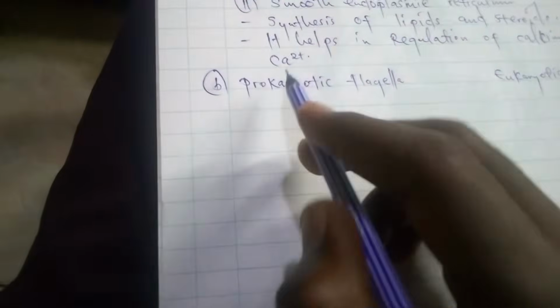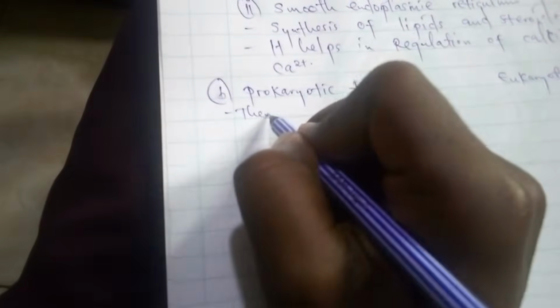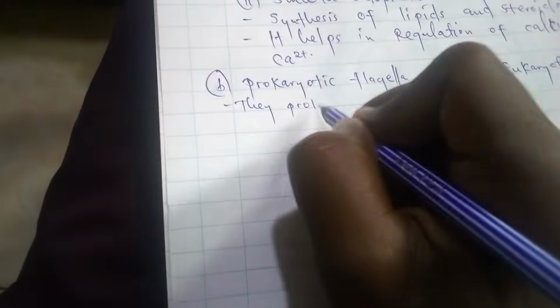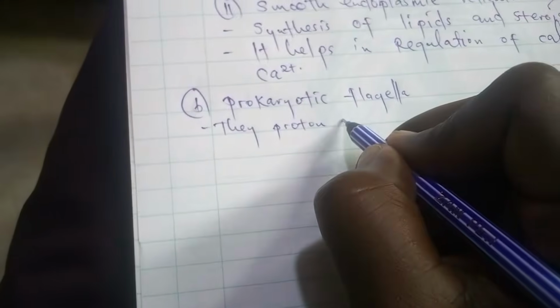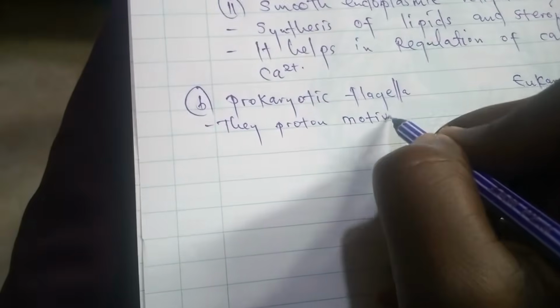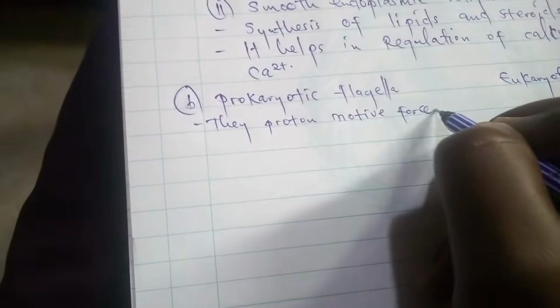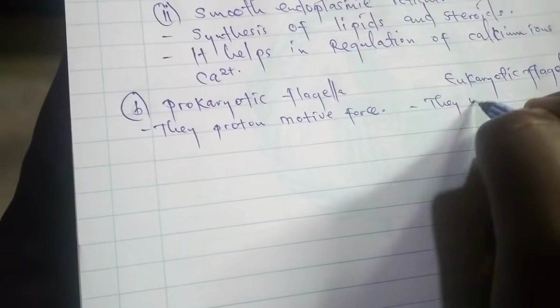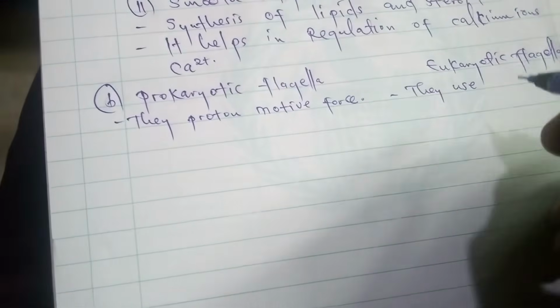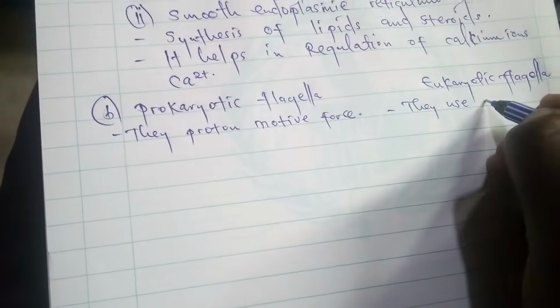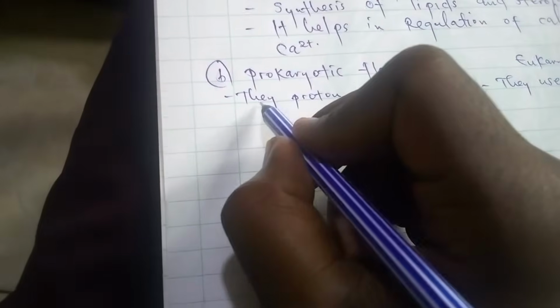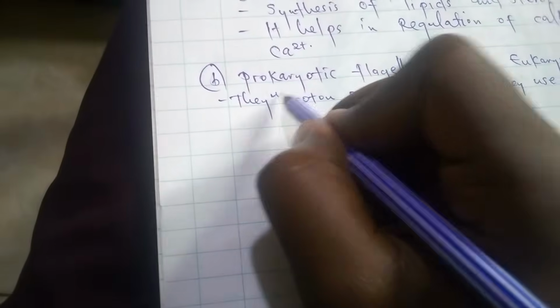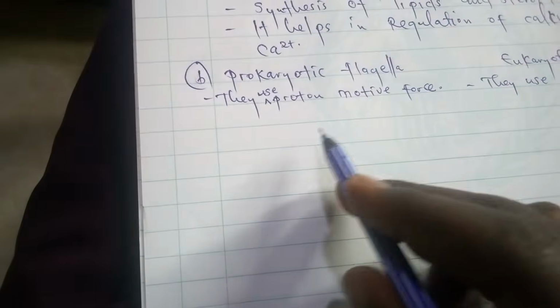Prokaryotic flagella use proton motive force, and then eukaryotic flagella use ATP. So prokaryotic flagella are supposed to use proton motive force.